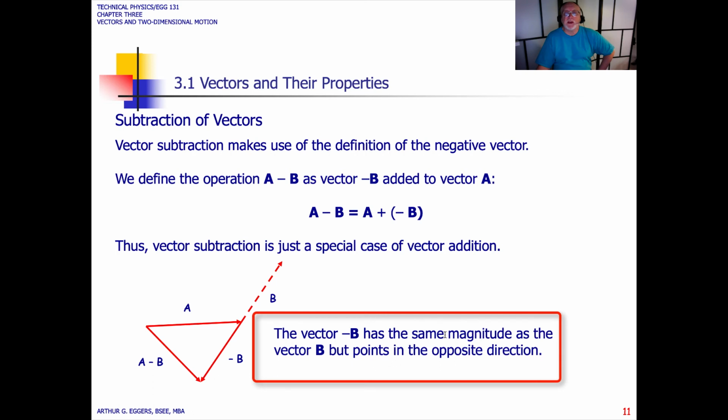Vector negative B has the same magnitude as vector B, but points in the opposite direction.